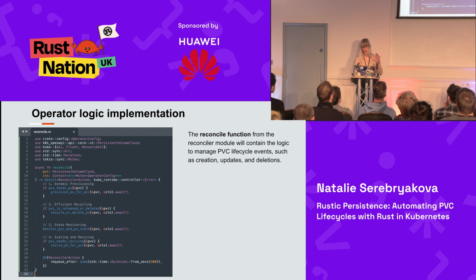So the logic I talked about is reconcile. That's what I'm trying to describe with this slide. When you're thinking about your code, you want to cover as many cases as possible, and it should not be very simple, in a way that there are options to recover your resource. If it's deleted, there are options to do a cleanup.